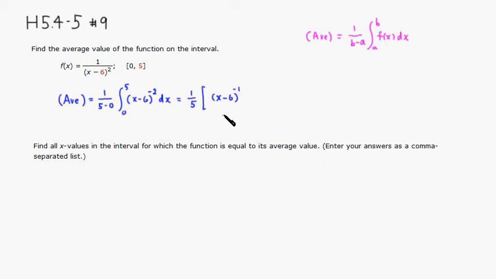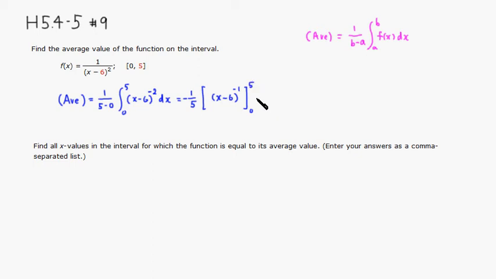Divide by negative 1 is the same as multiply by negative, so I'm going to put a negative sign right in front here. The negative sign is right there. Then we just have to evaluate it from 0 to 5.